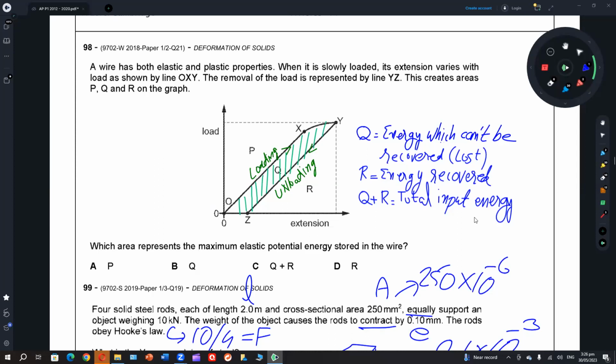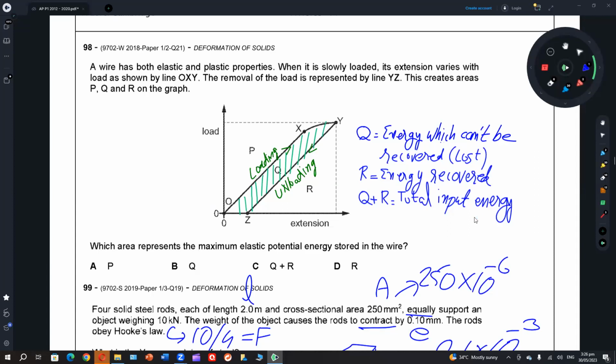Good. And P is the area above the axis, which means P cannot be our option because he's asking for maximum energy stored in the wire. So that will be Q plus R. Q is the energy which is not stored, which is lost.